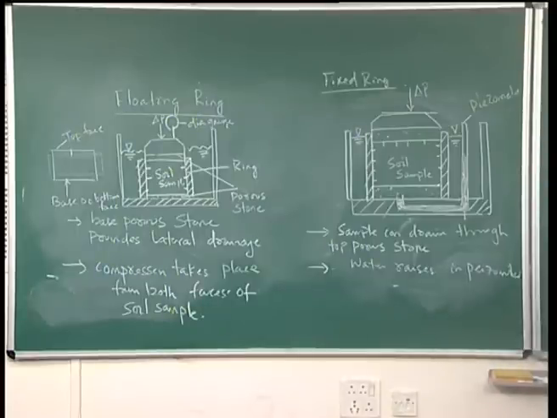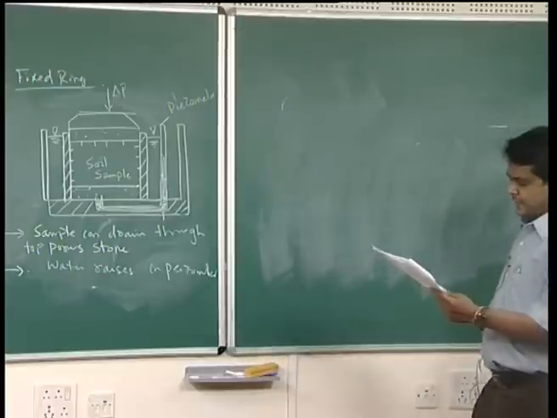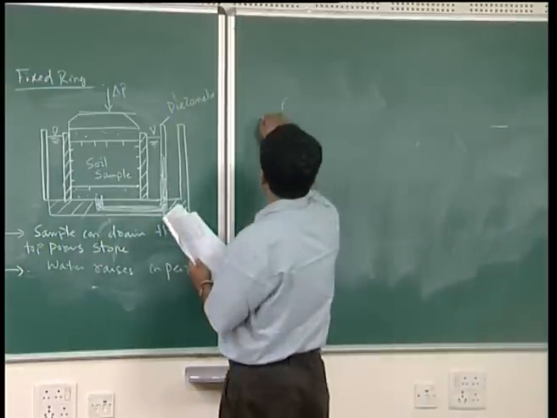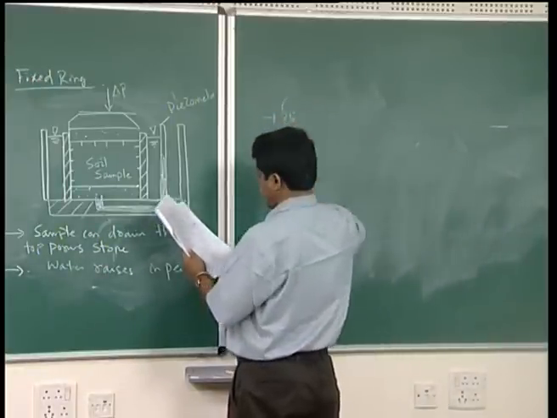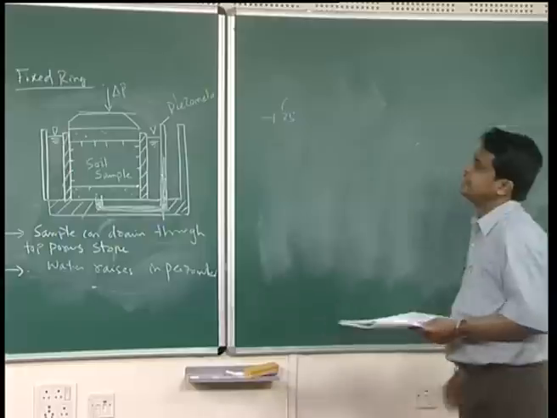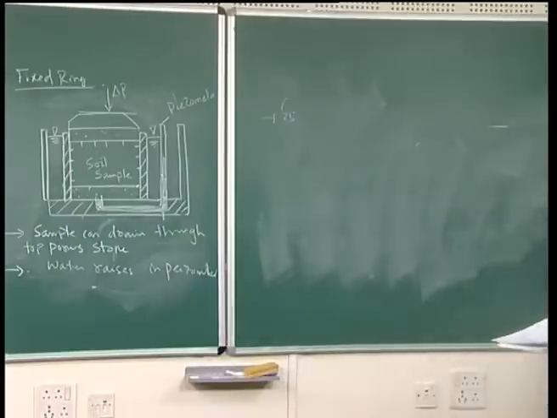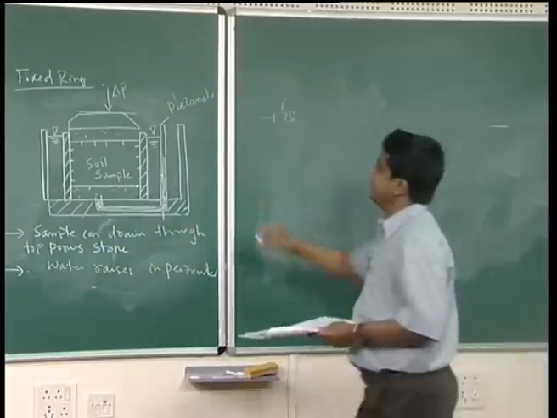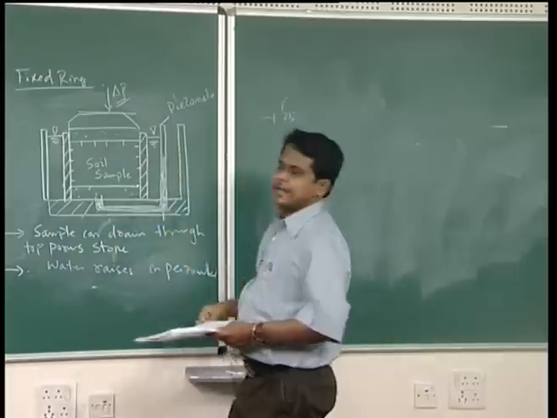Now, what is the load increment you have to apply, and how is this test performed in the laboratory? Suppose you apply a load of 25 kPa initially; this increase in load is my delta P. What is the next step?